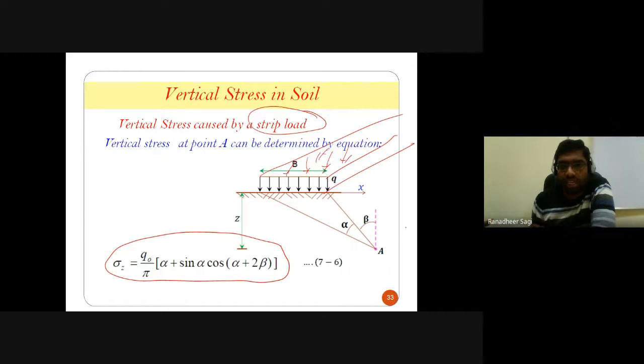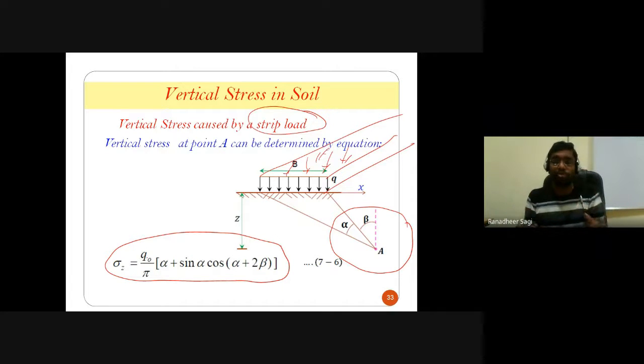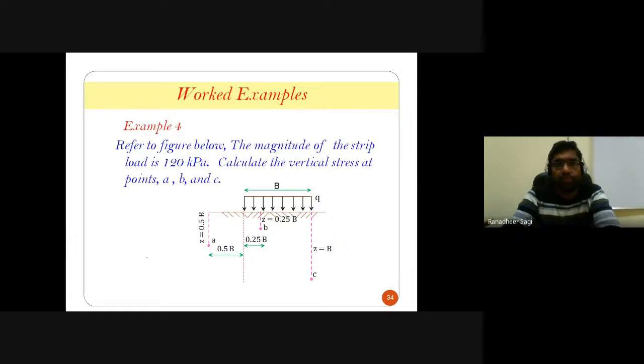You can clearly understand what this alpha angle indicates and what this beta angle indicates from the figure given here. And Q naught indicates the intensity of your strip load, which is acting on that particular ground surface.